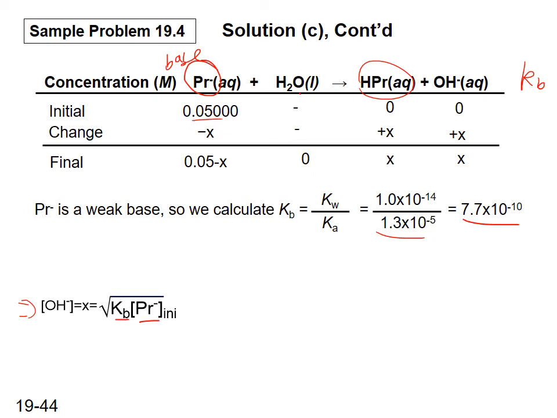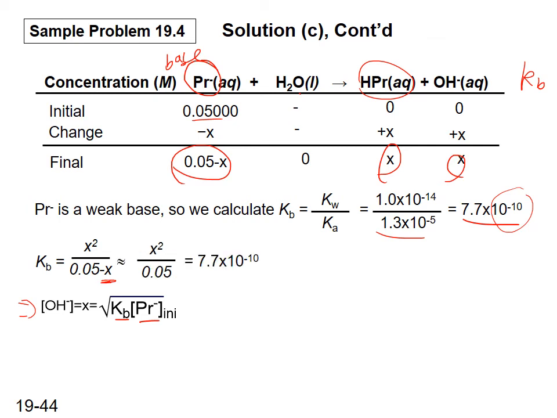Then we use the Kb to solve x. So Kb equals x times x divided by the base concentration, and since Kb is so small, 10 to the minus 10, x must be very small, so we can omit x in the denominator.